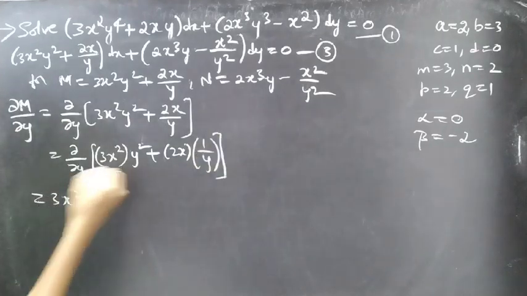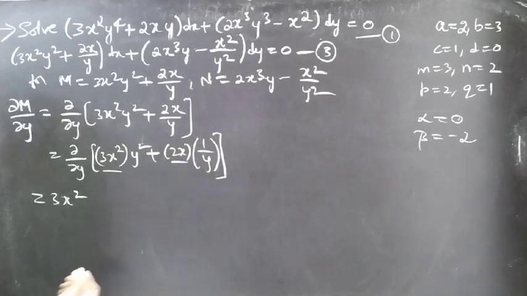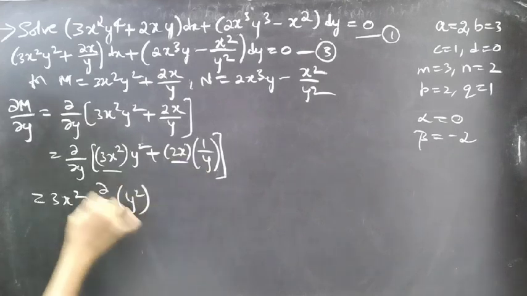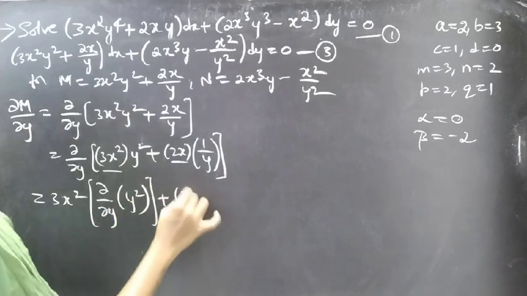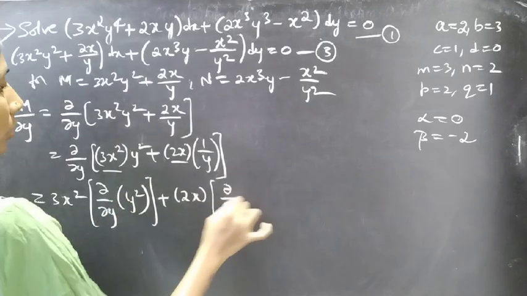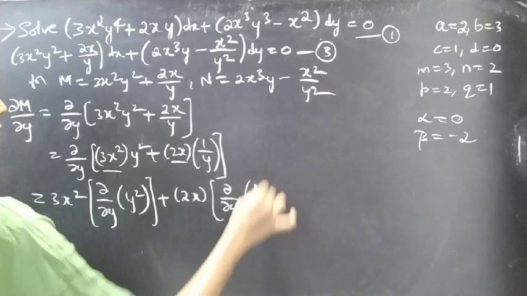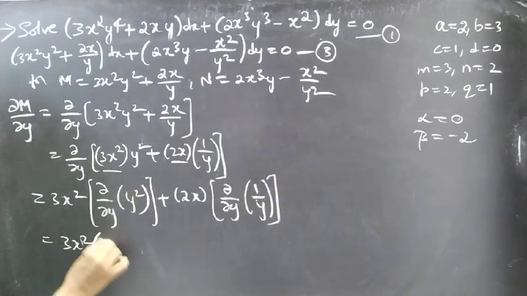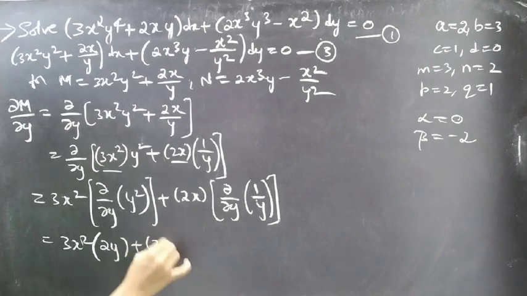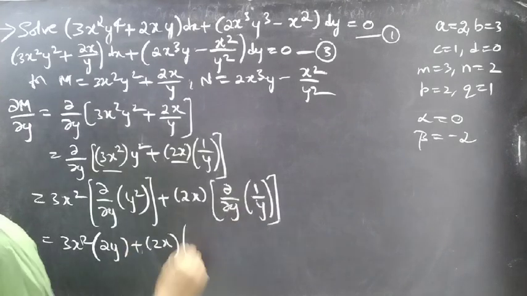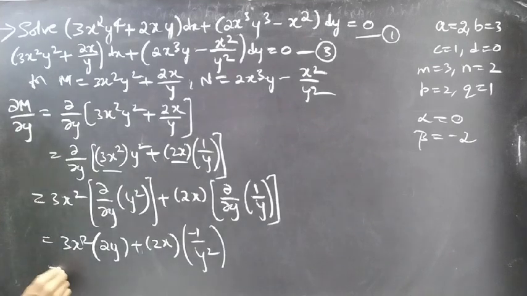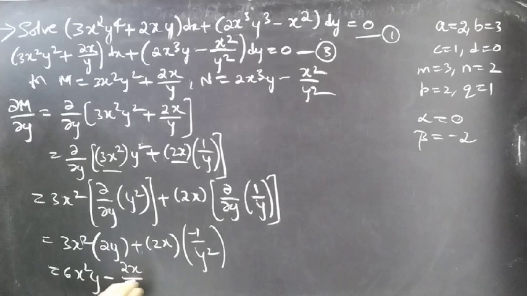Here in the first term 3x square is constant, in the second term 2x is constant. So we can write this as constant into partial derivative of y square with respect to y plus constant into partial derivative of 1 by y with respect to y, which gives us 3x square into partial derivative of y square with respect to y is 2y plus 2x into partial derivative of 1 by y with respect to y is minus 1 by y square, which gives us 6x square y minus 2x by y square.